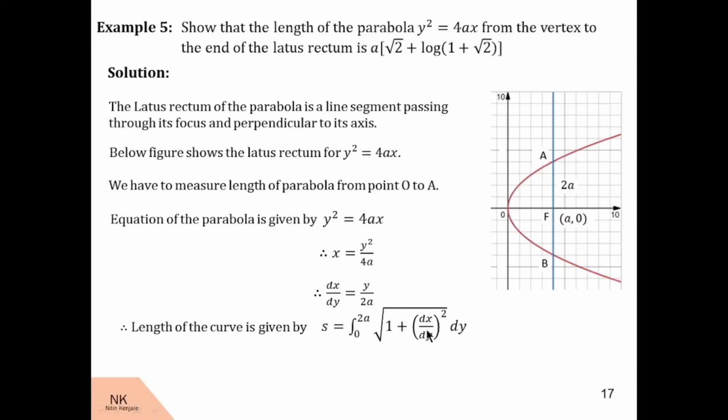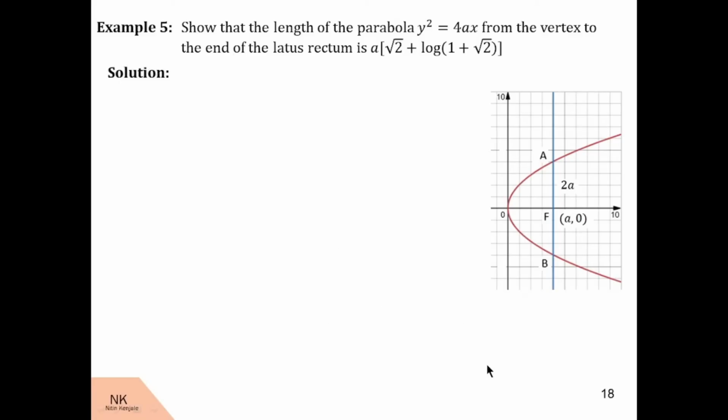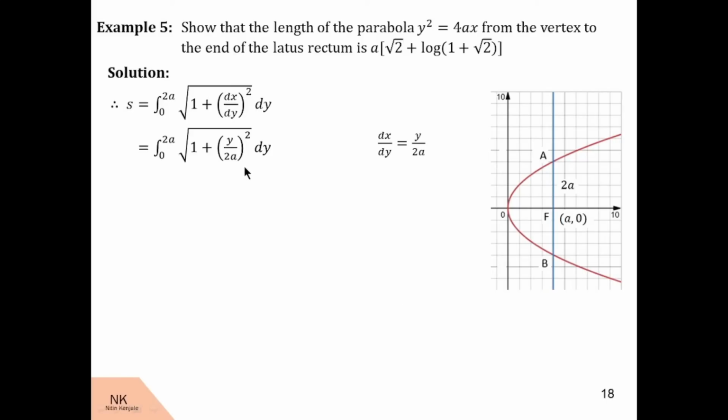Now let us substitute the value of dx by dy into this RHS part. We have seen dx by dy is y by 2a. Let us substitute it over here and simplify. So after substitution, we see RHS is the integral of under root of 1 plus (y by 2a) square dy. Then this can be written as y square upon 4a square.